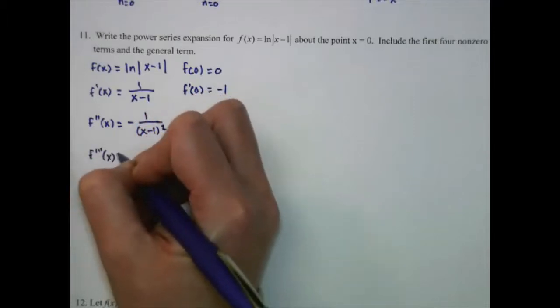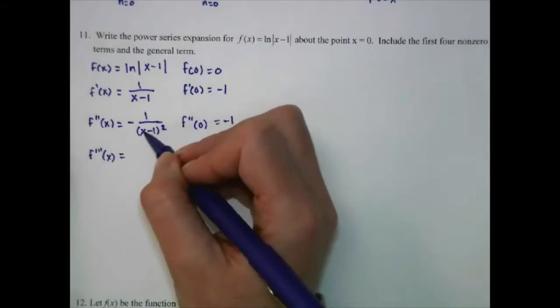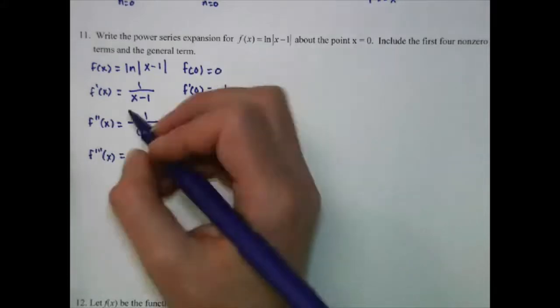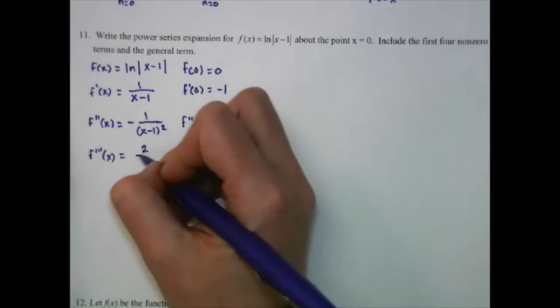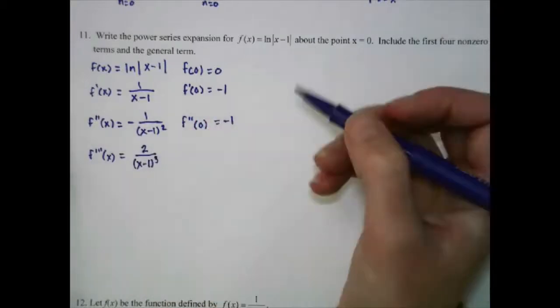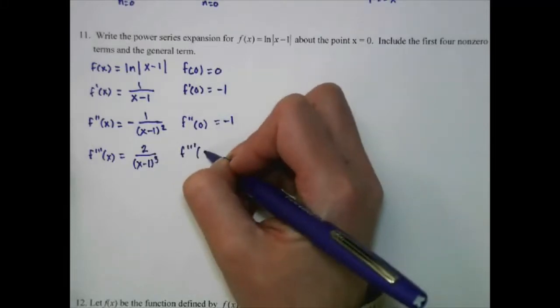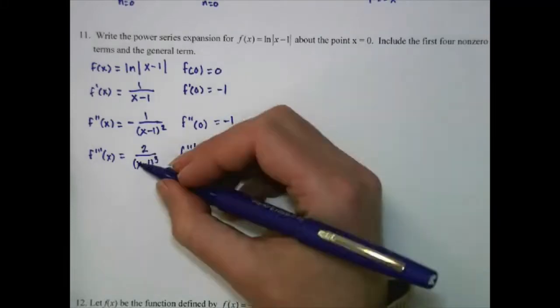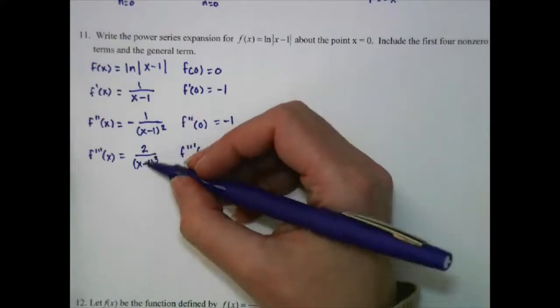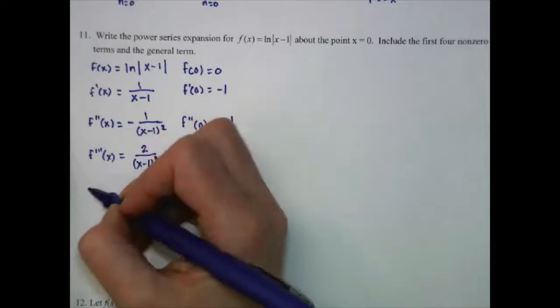The third derivative here is going to be the same as x minus 1 to the negative 2, so this will be a positive 2 over x minus 1 cubed. If it helps you to write it out as the power, feel free to do that. If I plug in 0 here, this will be 2 over a negative 1, or a negative 2.